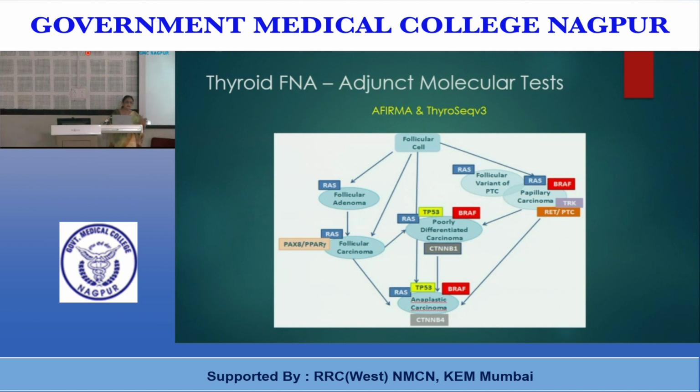You put the FNA material inside the machine, and within 3 hours you have a whole panel of mutations that you can see. The commonest mutation is the RAS mutation, and then you have other mutations. At present we have 45 independent molecular signatures, and they are being checked.